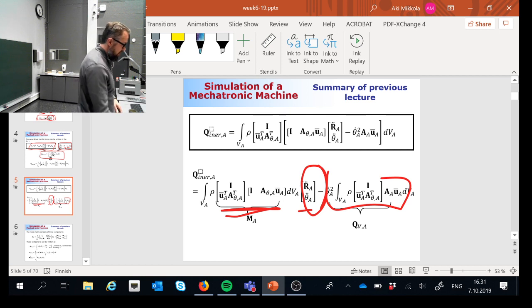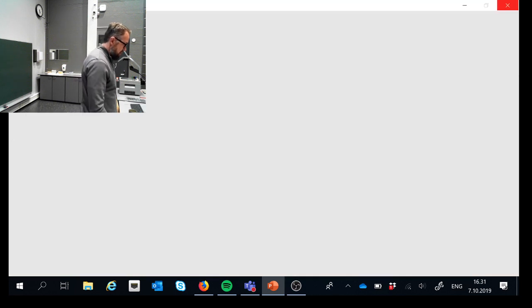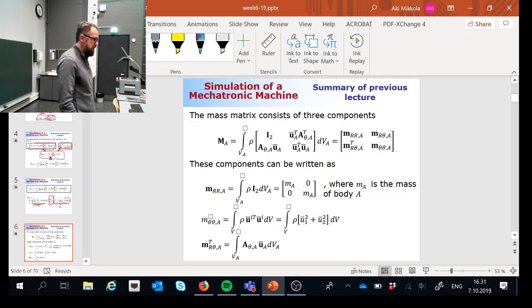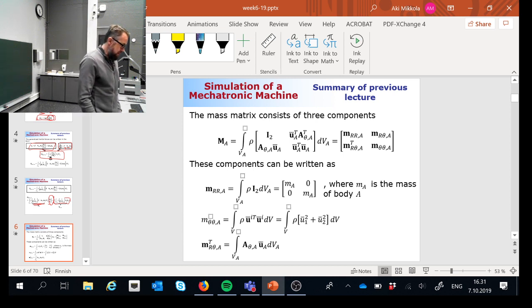Okay, so how about the details of my mass matrix? That will appear in a second. My computer needs some time to think about it, and now I figure it out. So it consists of 3 components, and these 3 components are associated to translational generalized coordinates, and that's this one.